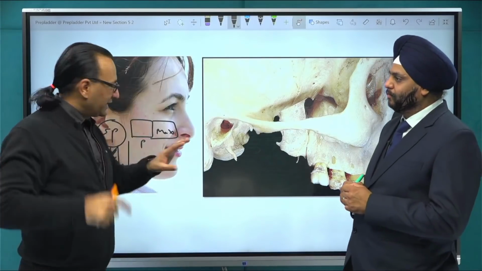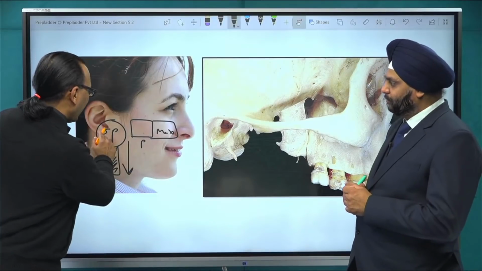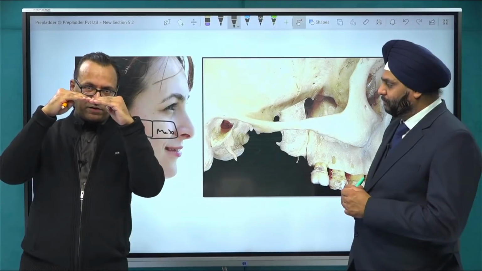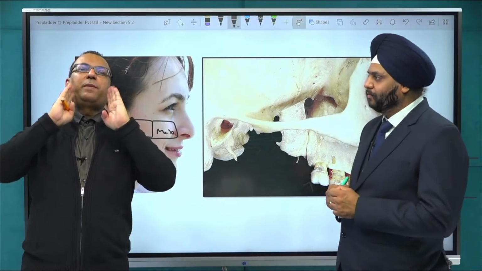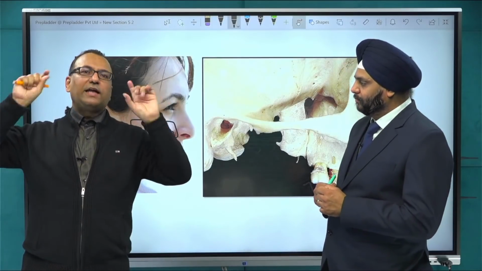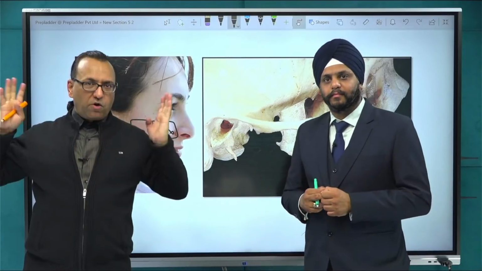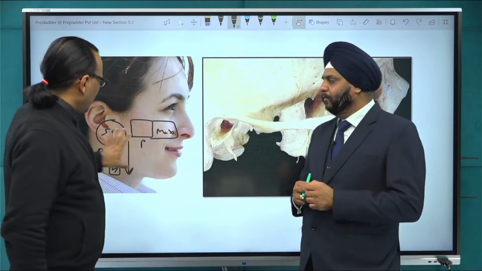So maxilla is anterior, palatine is posterior. Sphenoid has relation with maxilla because palatine is only in the center, midline. Maxilla is a big bone. So sphenopalatine if you are near the midline, but if you are away from midline, then sphenomaxillary or pterygomaxillary. So these are some basics.